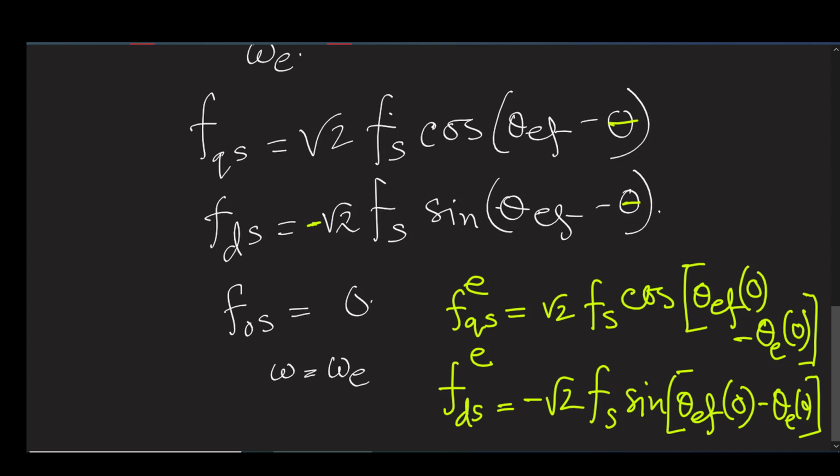In more layman language, we can say when you have a balanced set of voltage, surely you will find one particular reference frame in which those variables will appear as a DC variable.